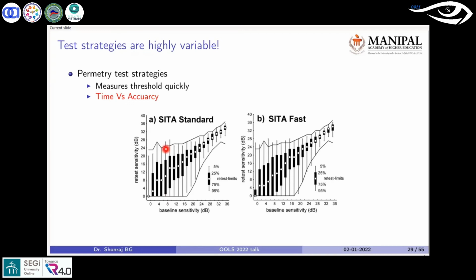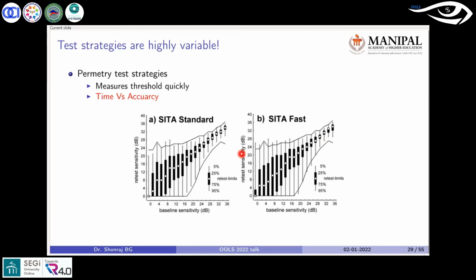This is the test-retest interval for your theta and theta fast. For full thresholds, the test-retest range is also huge, which means none of these test algorithms is precise enough for you to accurately calculate the progression. So keep in mind, none of the perimetric test strategies are accurate nor precise.